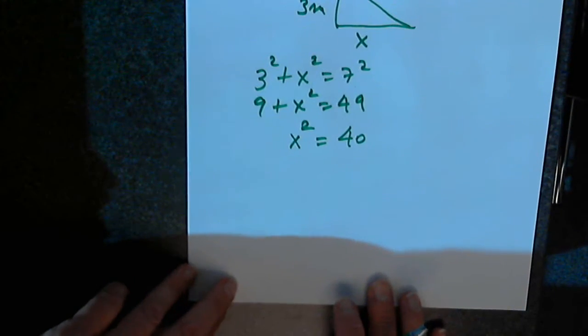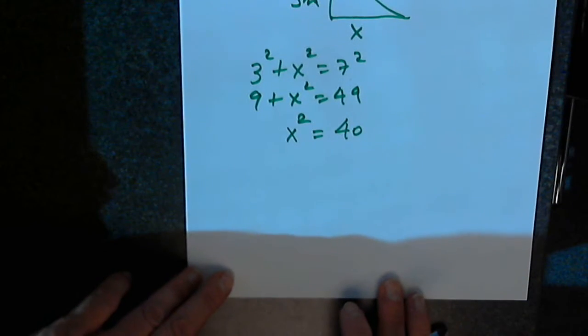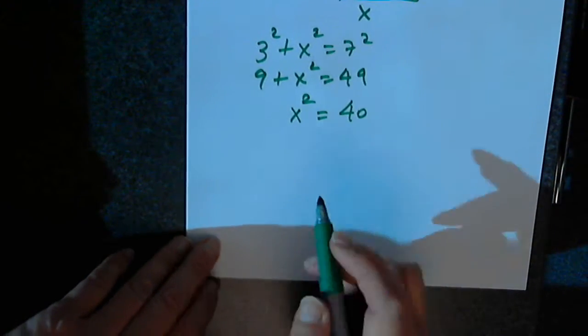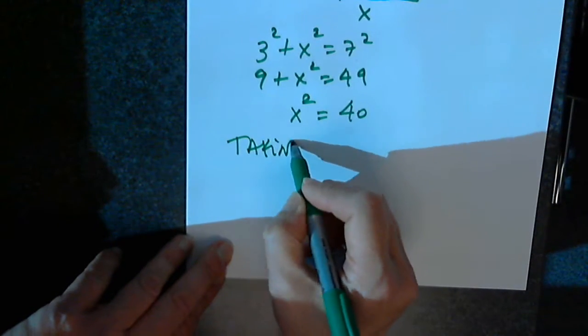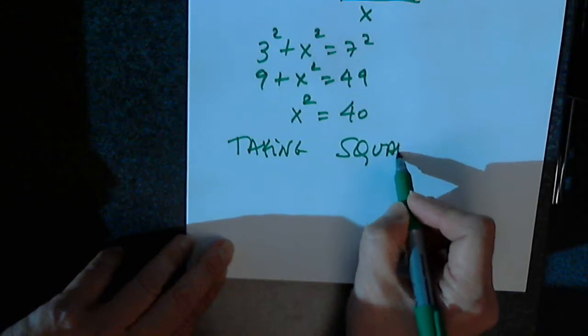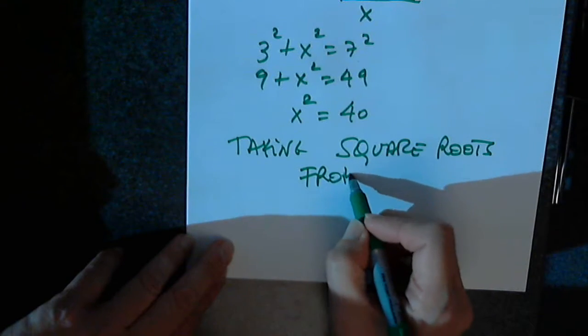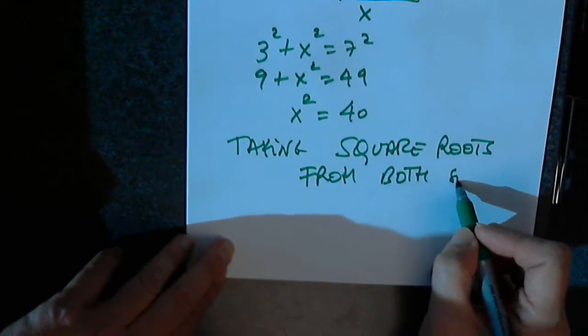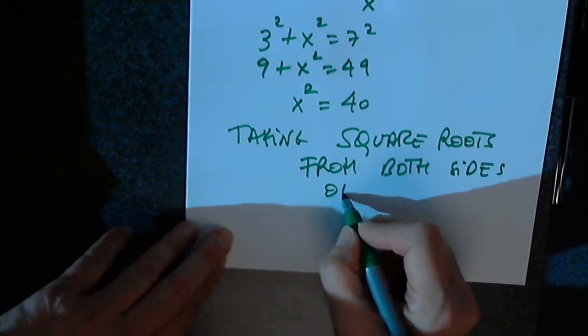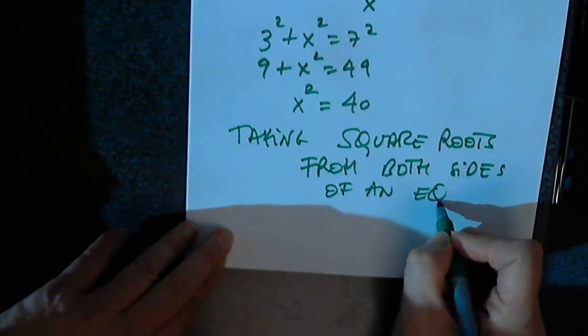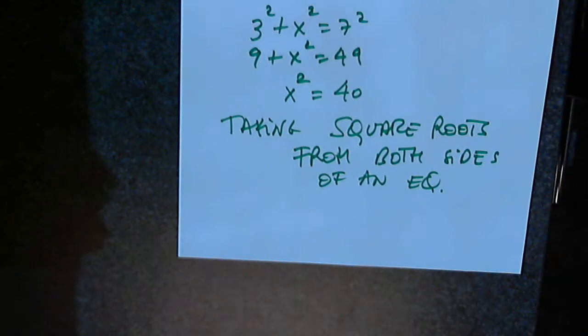Okay, now let's talk about taking square roots from both sides. Let's talk about that principle. Taking square roots from both sides of an equation. So far, we squared or cubed or taken to the 4th power.